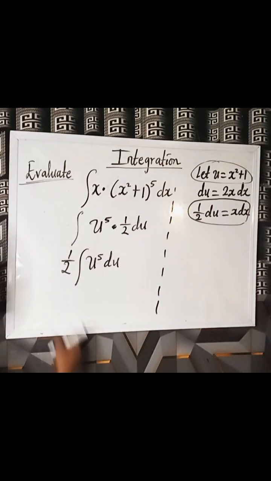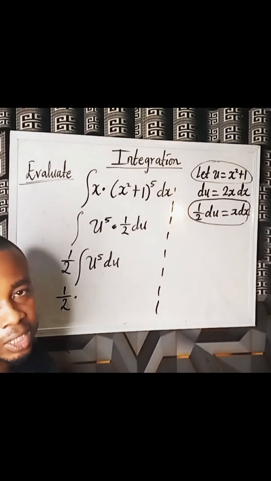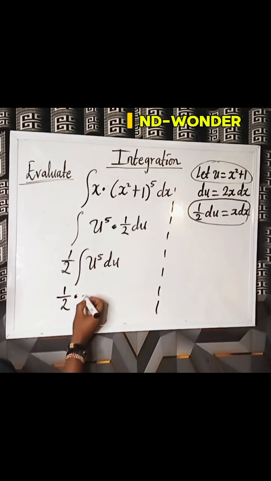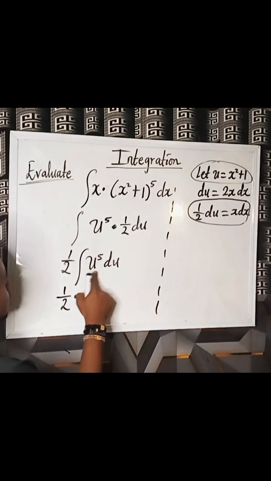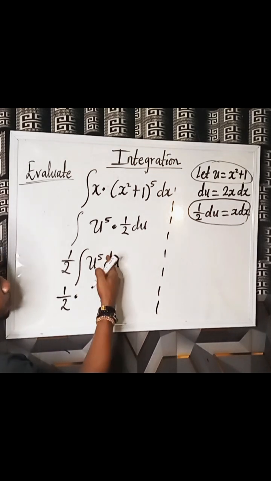So to integrate this, we'll be having 1 over 2, which is half. Remember, whenever you're integrating, this integral symbol will not be needed anymore. So this becomes half times, when we integrate, the exponent is 5. We add 1 to it.